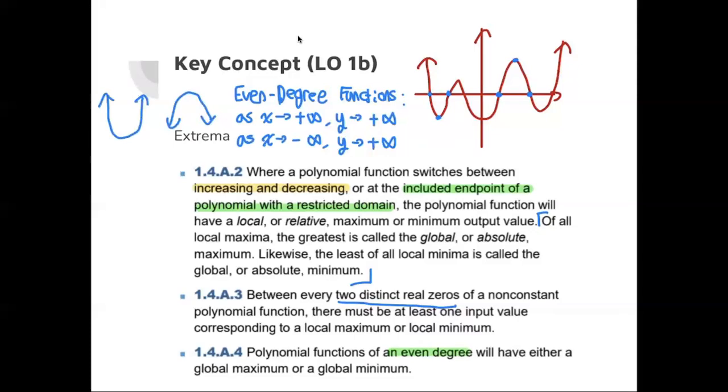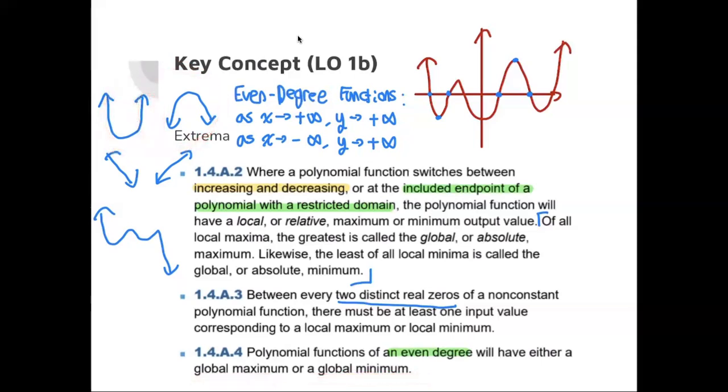For odd degree functions, on the other hand, they're either having the shape of this or this, right? So they might be having some relative maxima and minima, right? But they can never have an absolute extrema because the two ends are going towards positive infinity and negative infinity. But for even functions, please note that they will have either a global maximum or a global minimum due to their nature of end behavior, okay?